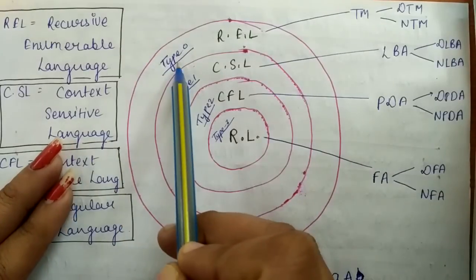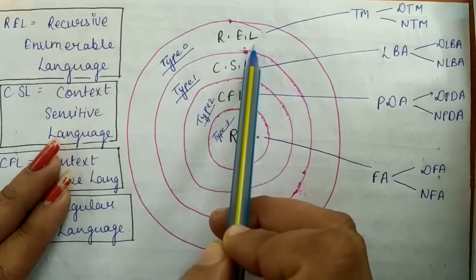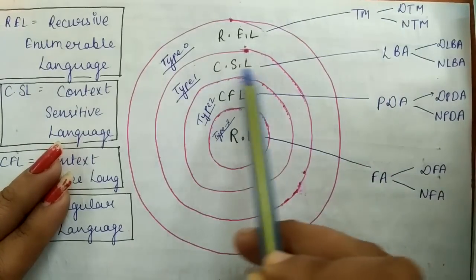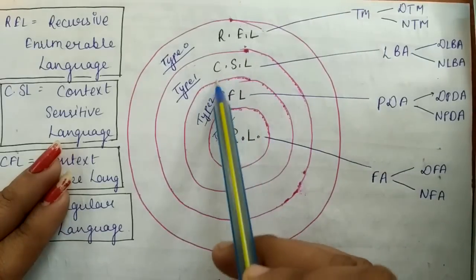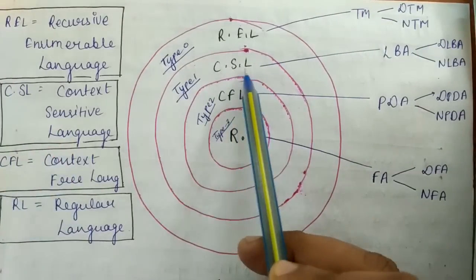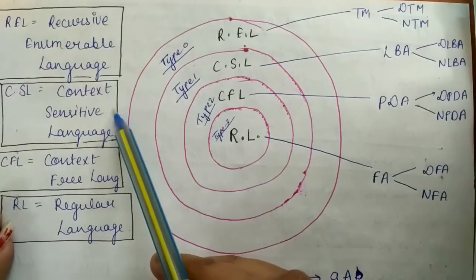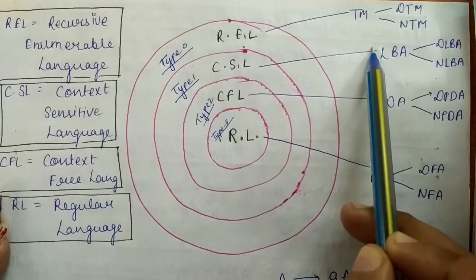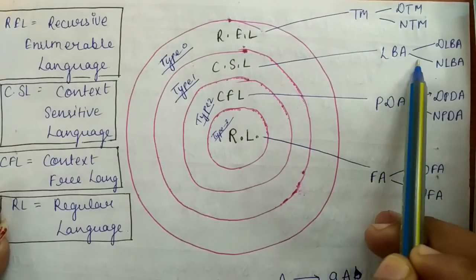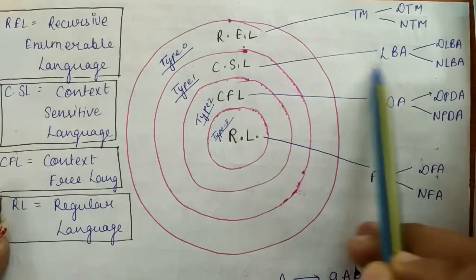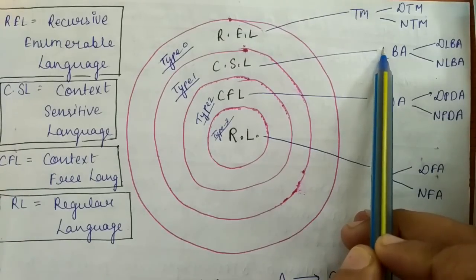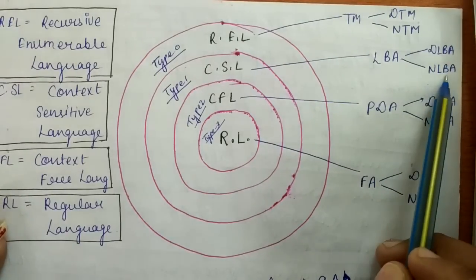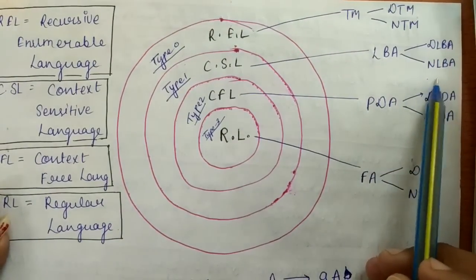So type 0 has recursive enumerable language and the machine is Turing machine. Type 1 has context sensitive language. CSL means context sensitive language, and for it we design a machine known as linear bounded automata, which has deterministic linear bounded automata and non-deterministic linear bounded automata.